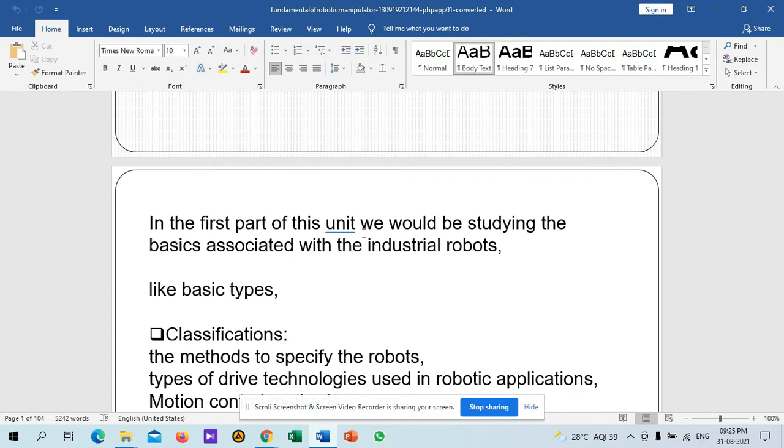Automatons cannot change any of their movements and have no intelligence of their own. There were no electronics involved in these. They simply used mechanical principles, right?